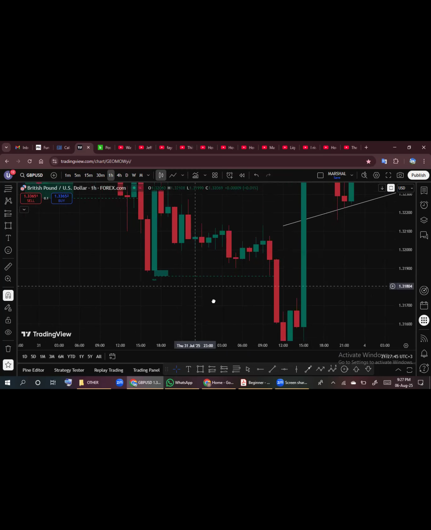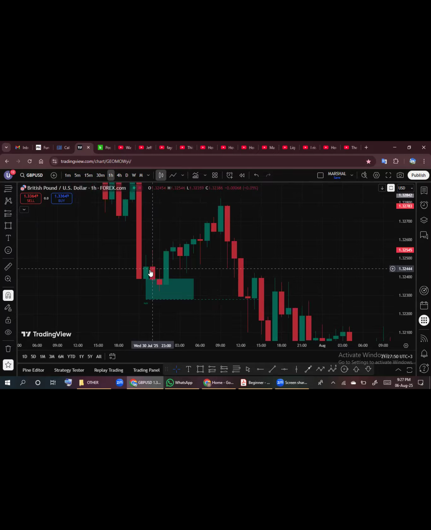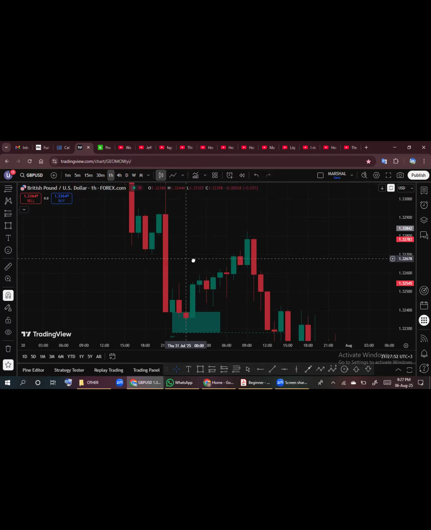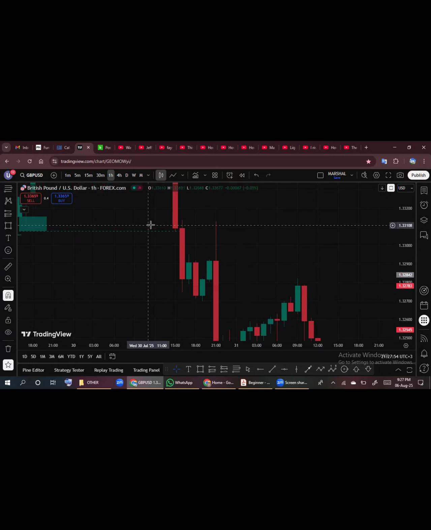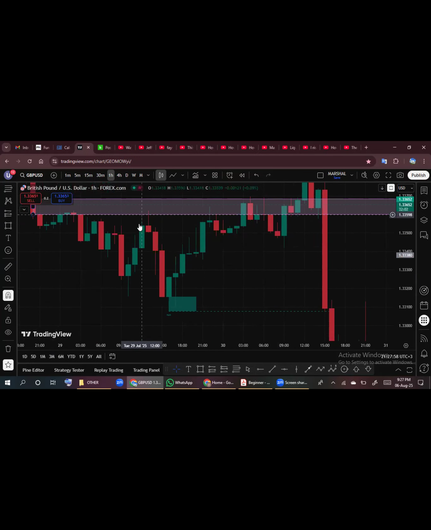So you can see most times when the market is reversing, you must learn this candlestick. This is a hammer, or you can call it, yeah, this is more like a shooting star candle.